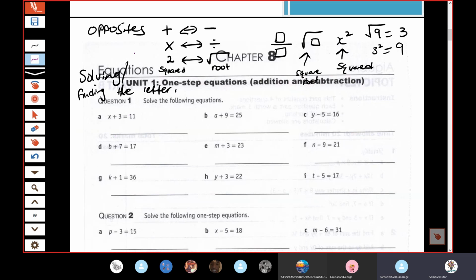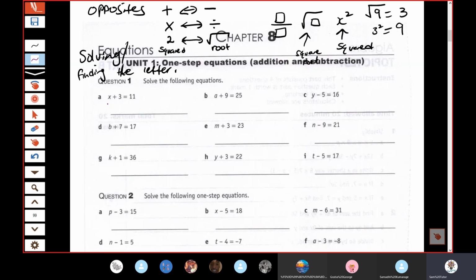All right, opposites. So let's keep that in mind. Let's have a look at the first question. It says x plus 3 equals 11. I've got to get rid of this plus 3 because I'm trying to just find x. So how do I get rid of a plus 3? What's the opposite of plusing 3? Subtracting. Subtracting 3. You do it to both sides, so you balance the scale.